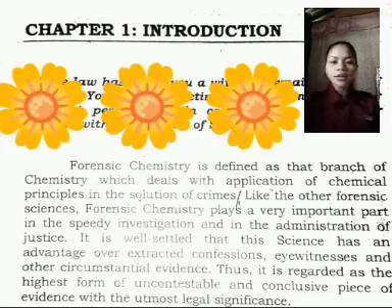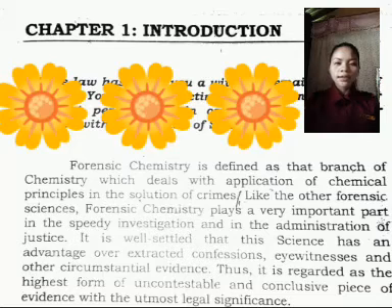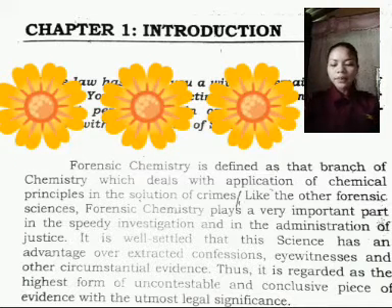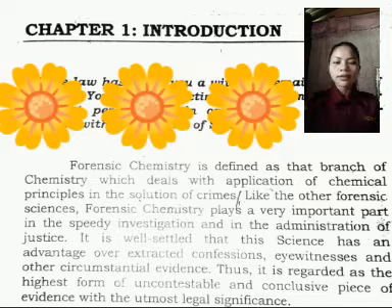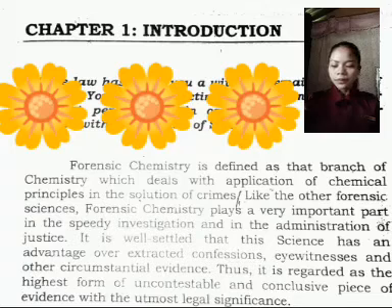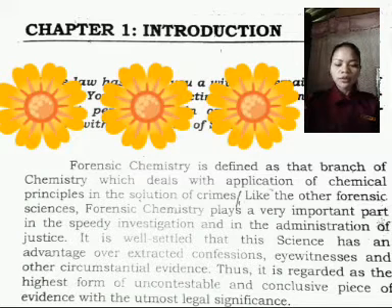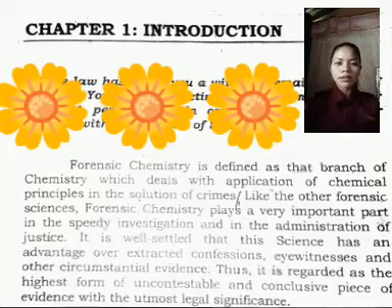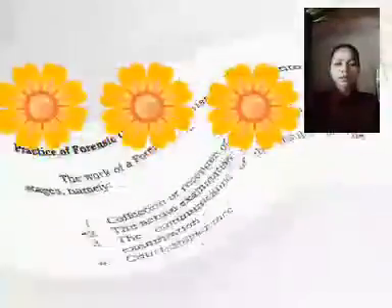On the other hand, forensic toxicology deals with examination of human internal organs, food samples, and water, and gastric contents for the purpose of detecting the presence of poisons, its dosage effects, and treatment. So that is the forensic chemistry.